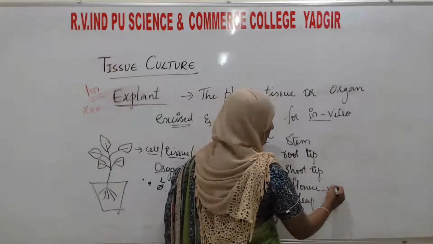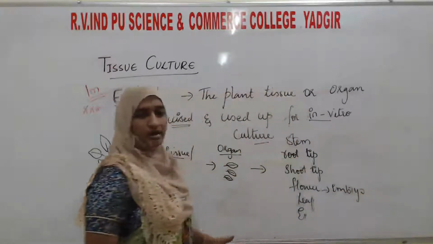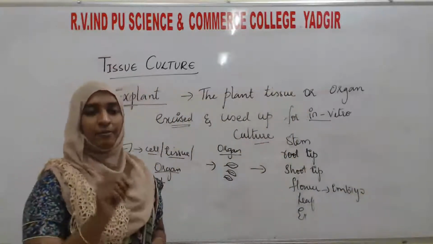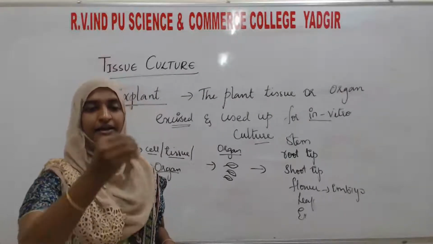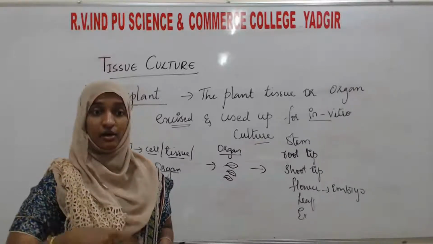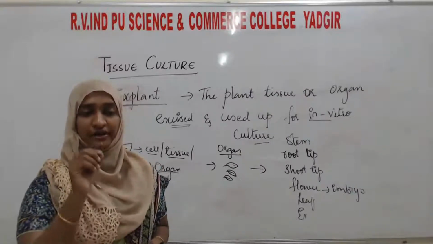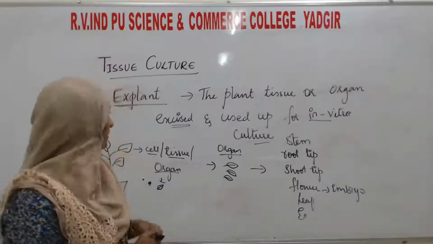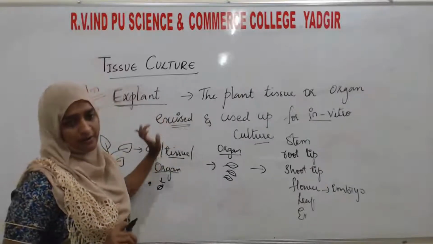In the flower, they will take the embryo, any cell from the plant body. That part of the plant which is cut from the plant and taken for in vitro growth, or taken outside the body for tissue culture, that particular plant tissue or organ is known as the explant.